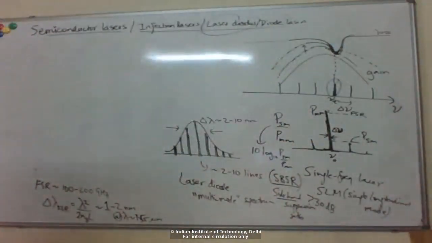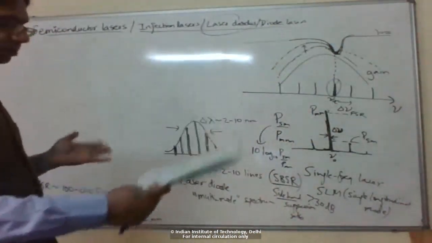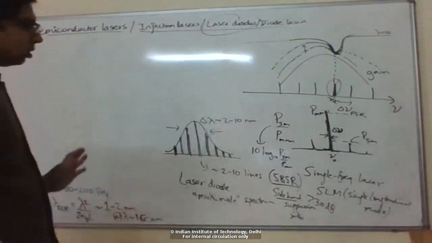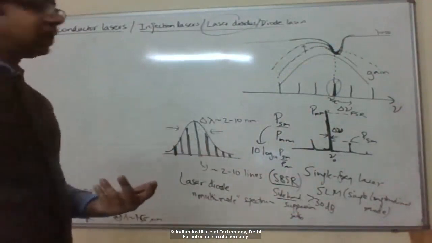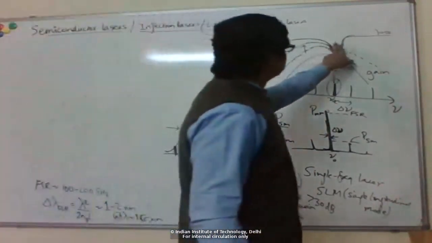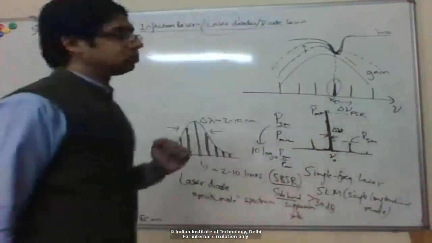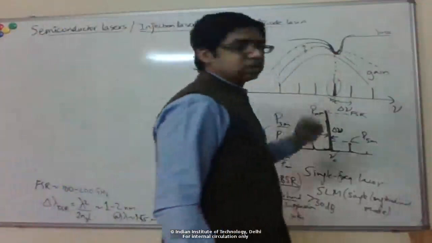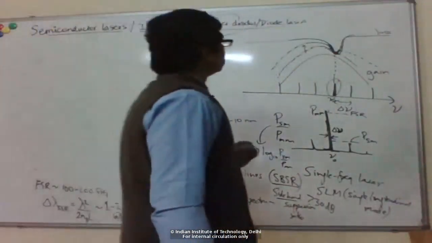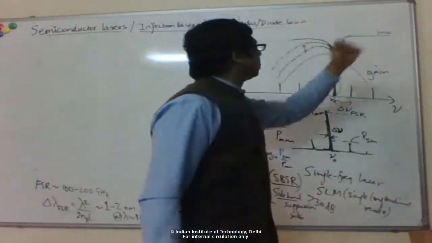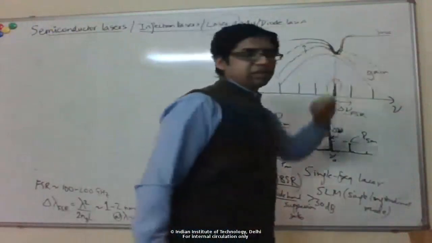So if you could make, using this concept, frequency dependent mirrors that have high reflectivity for a particular narrow bandwidth of wavelength or frequency, and then low reflectivity away from that.